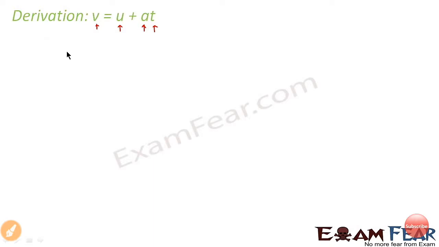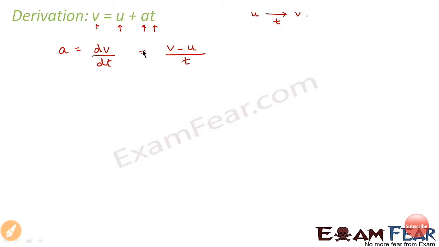Now let us try to derive it. From the definition of acceleration, how do we define acceleration? It is the rate of change of velocity with time, that is dV by dt. What is dV? It is the change in velocity. Initial velocity is U and final velocity is V, so the change in velocity is final velocity minus initial velocity. This change takes place in time t, so dt is t.